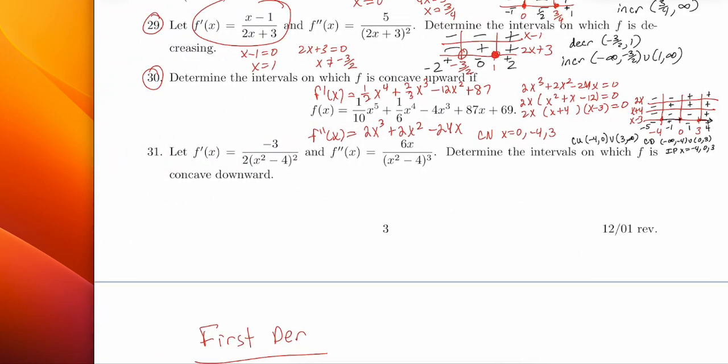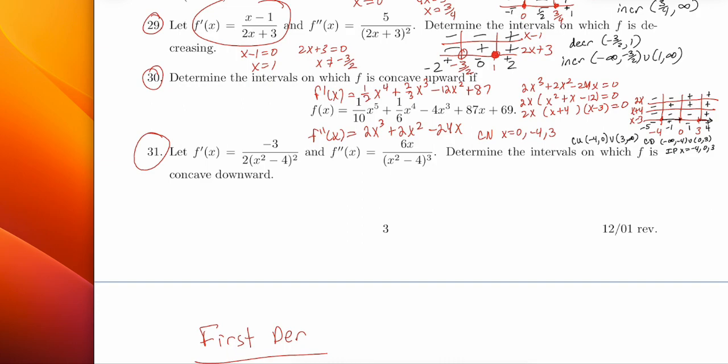Now, I did give you one like 31 on the test where I have given you the derivatives, and then you have to create the chart from there. So you don't have to do the derivative work, but you do have to do stuff related to the charts. In 31, it says, determine the intervals on which the function is concave down.